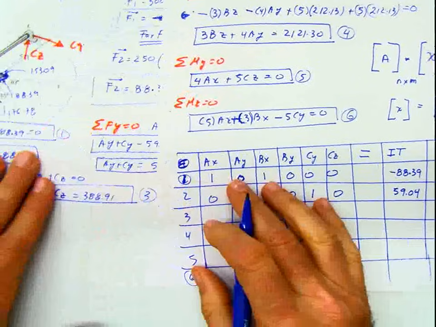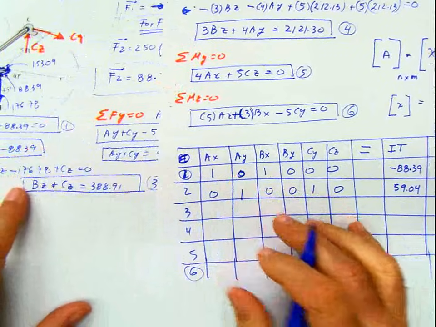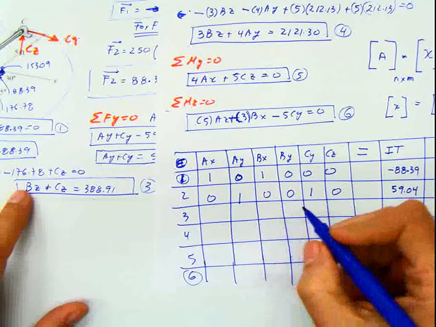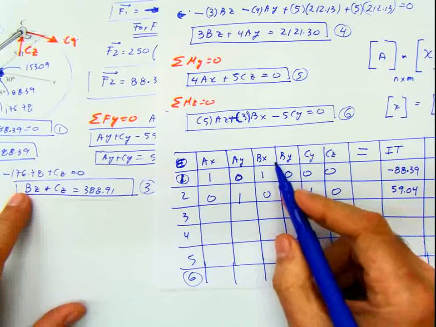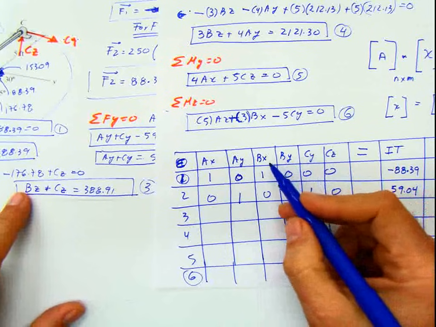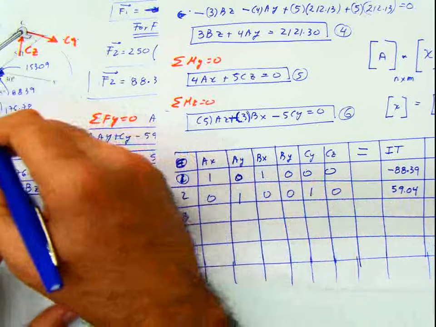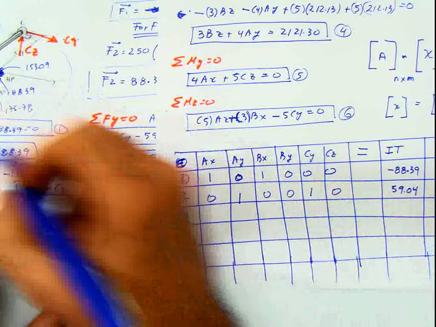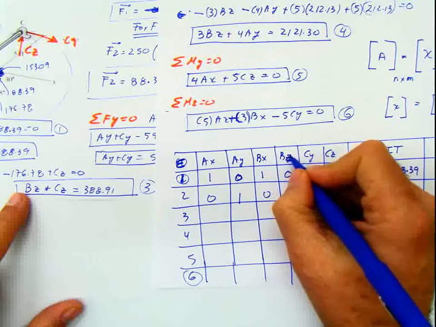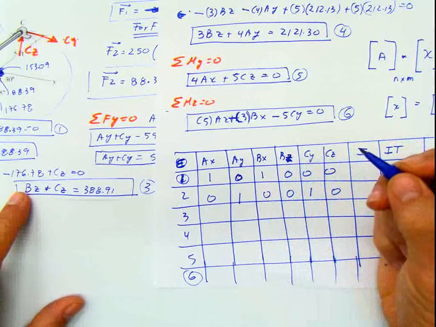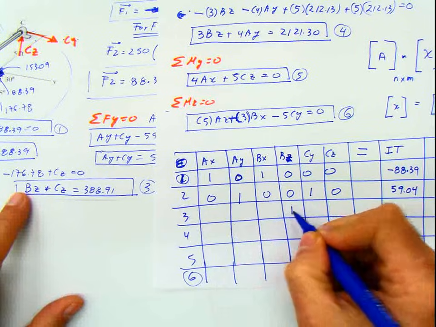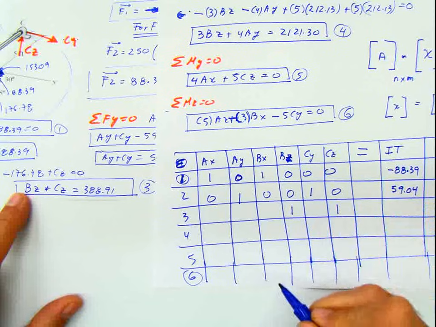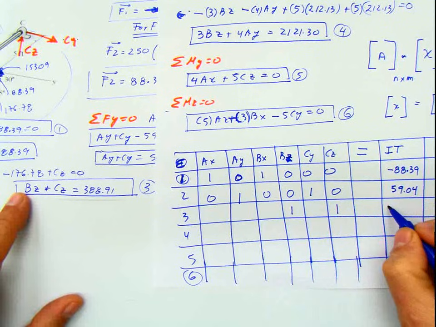My third equation, which is this one here, BZ is 1. What is BZ? I don't have BX. This is not BX, this is BZ. So BZ is 1, CZ is 1. This term is 388.91.